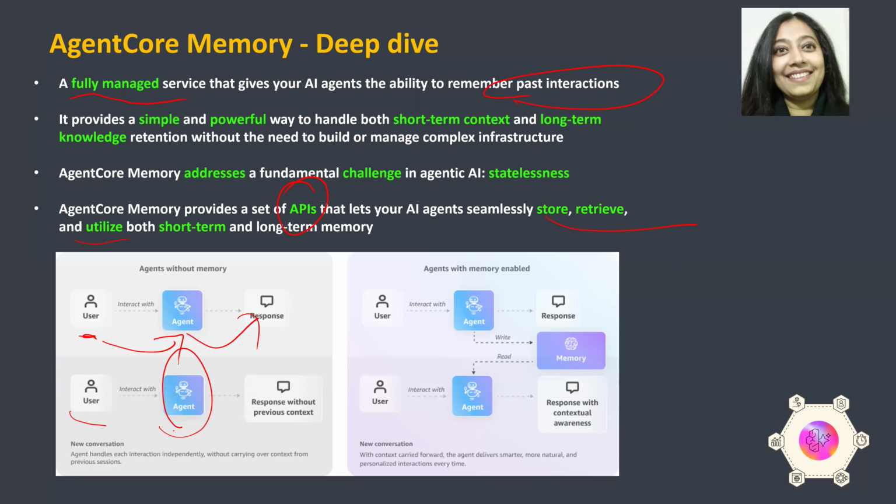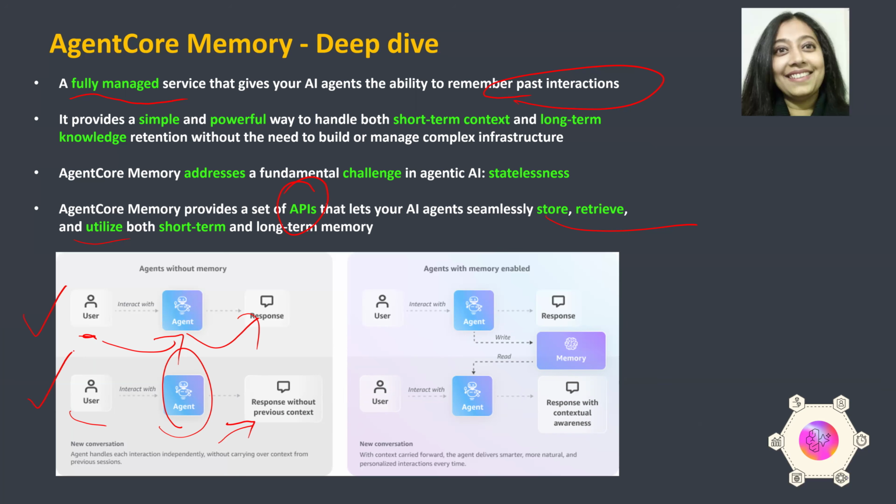This agent does not know anything about the previous interaction. So again, it is going to get the response and send that response back to the user. This response that was sent out the second time was without any previous context. So both of these interactions are independent in nature. There is no context sharing, no information sharing, no knowledge sharing between these interactions.